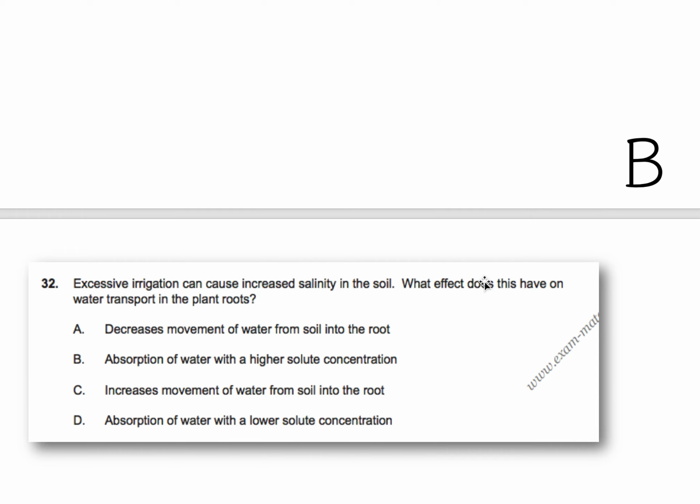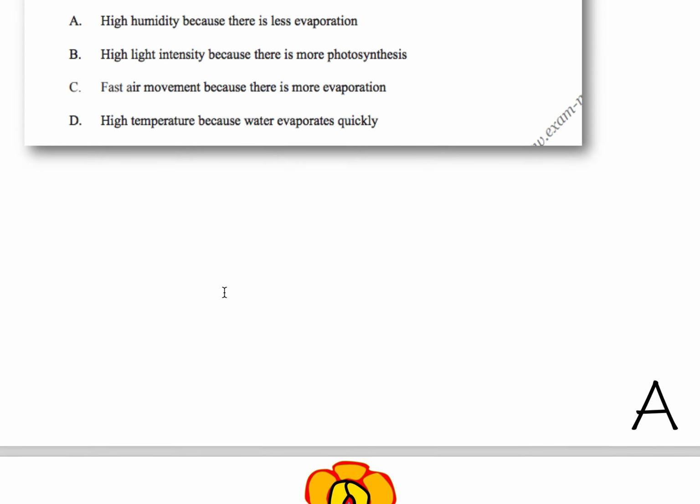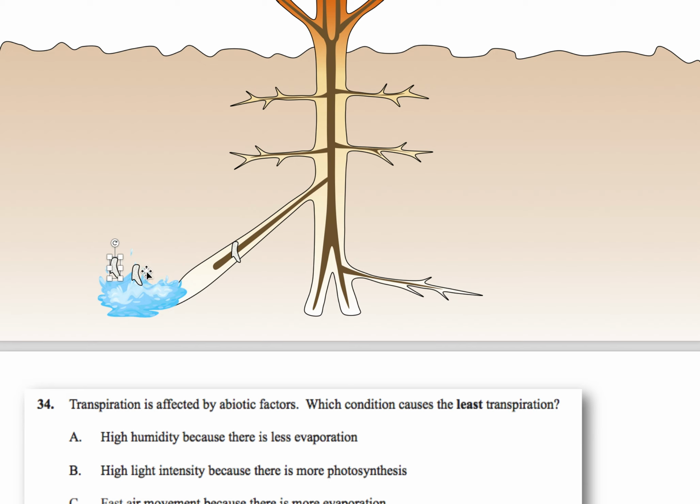Now, what effect does having more salt in the soil have on water transport in the plant roots? When you give too much water, you're going to have more of these salt things, and that's going to make it very difficult for water to go into the root, because right now it's trying to stay here to even out this concentration gradient.